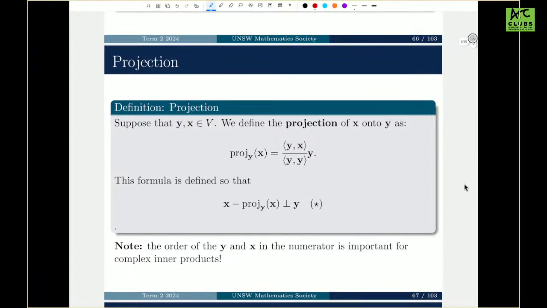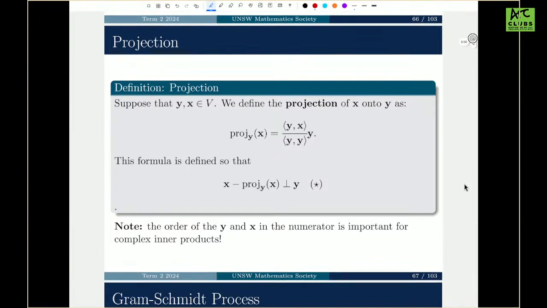Now we can redefine, and I say redefine because we've already met vector projections before, whether that's first year uni or in high school, like Extension 1 Maths. But now we can generalize, since we've got this generalization for the dot product, and define it using inner products. So if x, y are vectors in V, then the projection of x onto y is the inner product of y and x, divided by the inner product of y with itself, times the vector y.